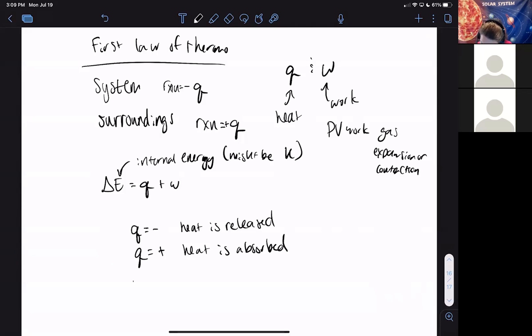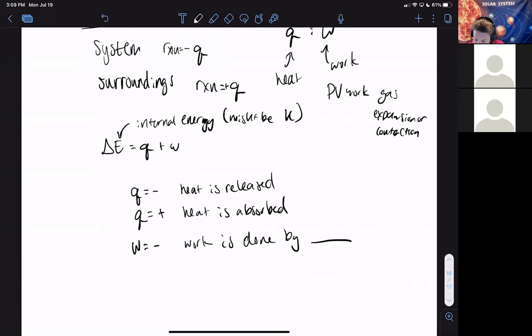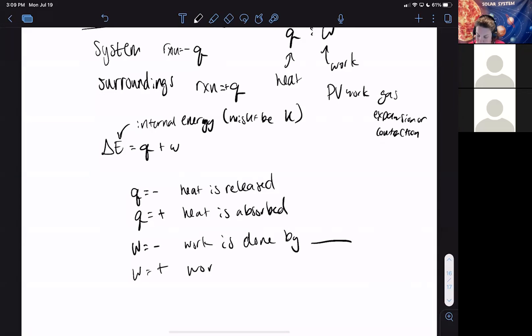Okay, and then work, if it's negative, work is done by whatever it is, system or surroundings. If it's positive, work is done on the system or the surroundings.